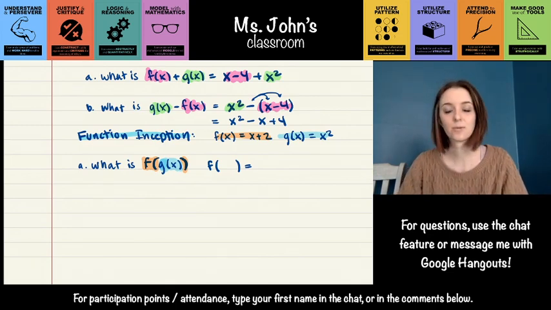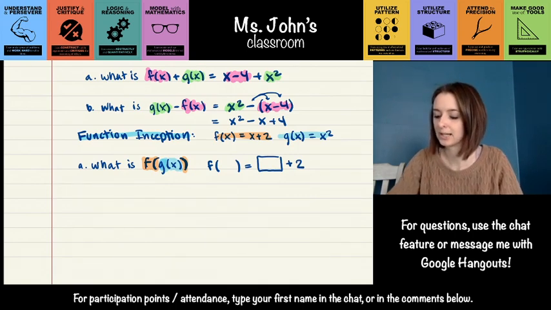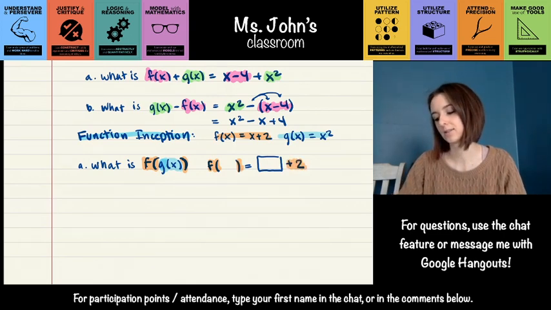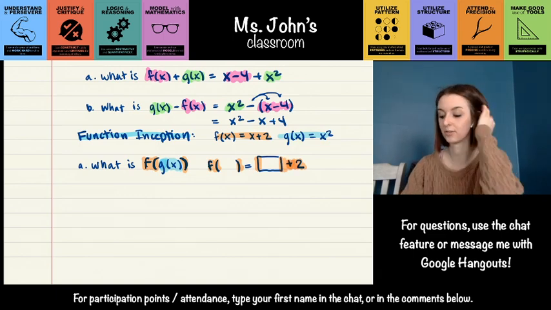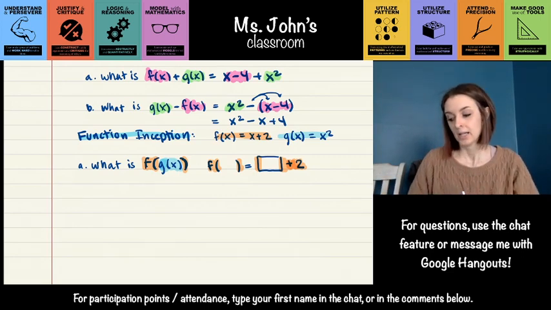So whatever it is that we're plugging in needs to go where the x goes. So I'm just going to leave a box here, plus 2. Because we're plugging in, this is the f of x function, and we're plugging something into this function because it's x plus 2. We would normally replace the x with whatever we're plugging in.